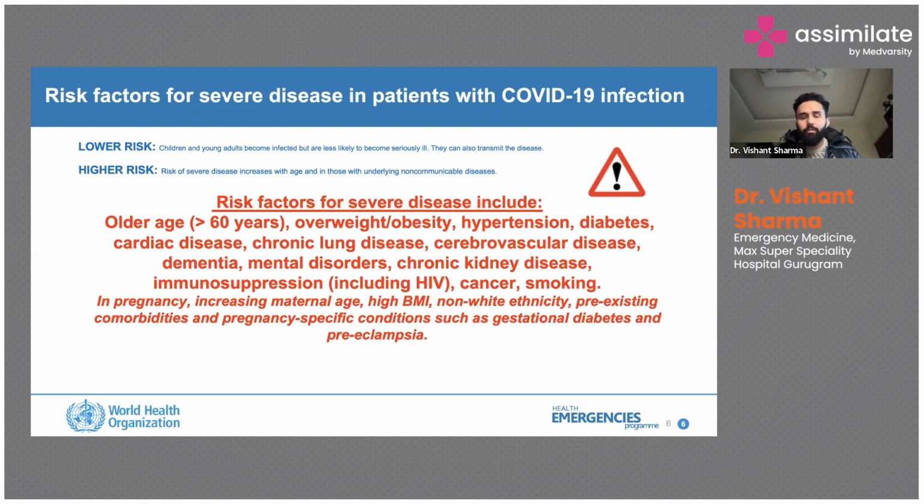So how do you grade all of these risk factors from 1, 2, 3, 4, from top to bottom?